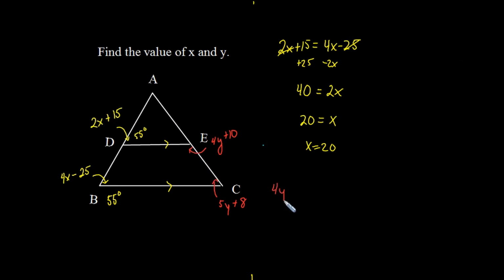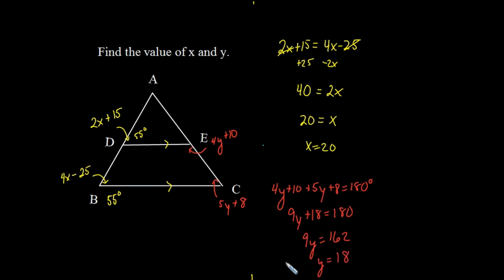So we can add those two angles to be 180 degrees. And then we simplify the left-hand side expression, get 9y plus 18 is equal to 180. We'll get 9y is equal to 162. Divide by 9, and I believe we get 18.